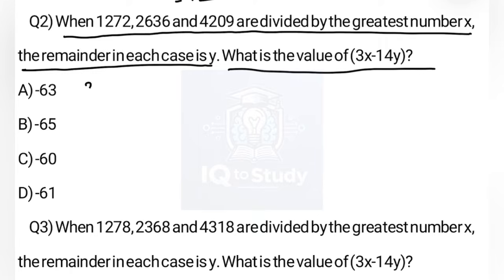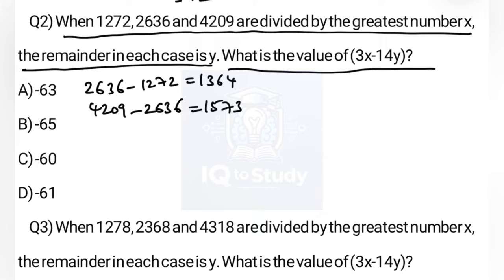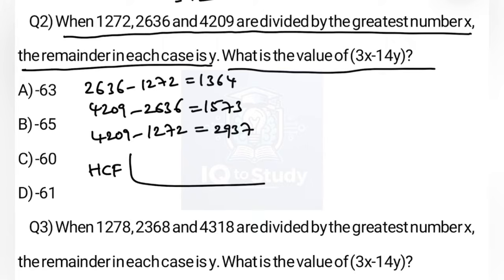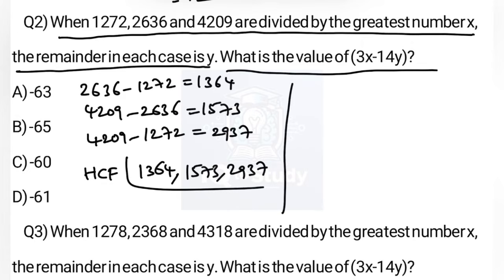Let's find the difference. 2636 minus 1272, which is equal to 1364, and 4209 minus 2636, which is equal to 1573, and 4209 minus 1272, which is equal to 2937. And HCF of 1364, 1573 and 2937 is 1.